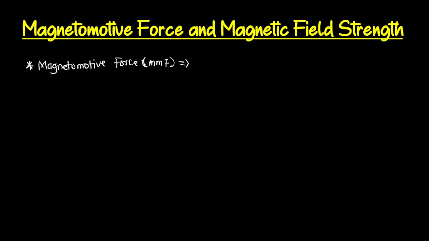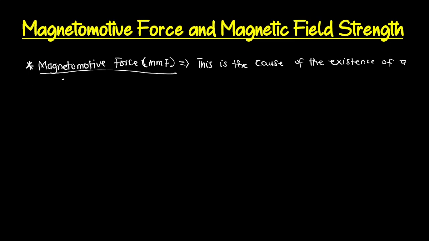So the magnetomotive force is what causes the magnetic flux to exist in a magnetic circuit.